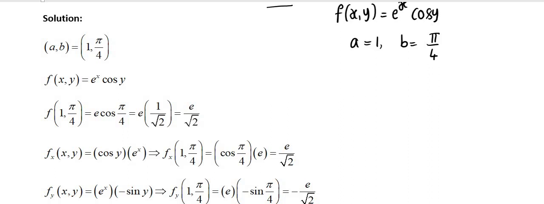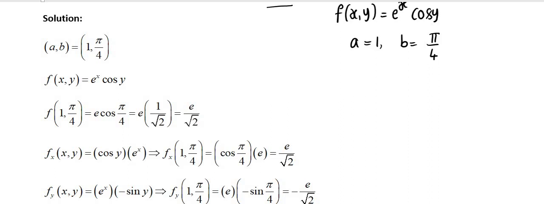But e power 1 is e only. We know the value of cos pi by 4, that is 1 by root 2. Multiply these two terms, then we are going to get e by root 2. That is, the value of f at 1, pi by 4 is e by root 2.